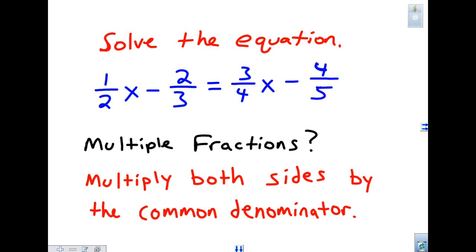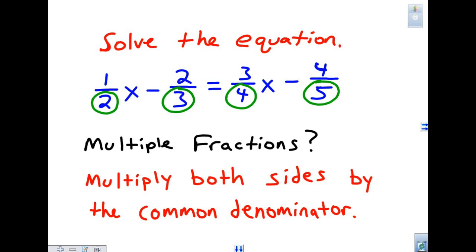We have denominators of 2, 3, 4, and 5, and we want to find a common denominator for all four of those numbers. What I try to think of is, what is the smallest number that can be divided by each of these?